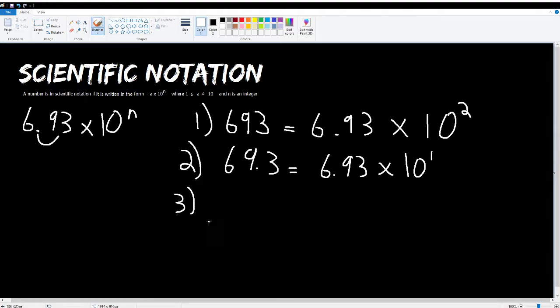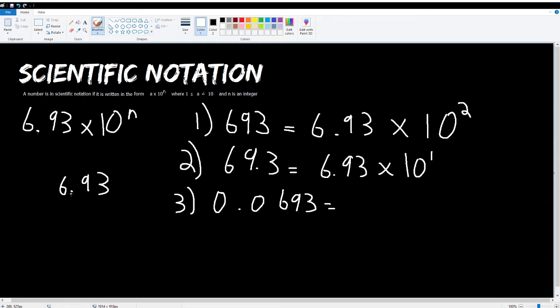Number 3, we have 0.0693. Okay. So once again, we need to ask ourselves, how many decimal places do I gotta move this to look like this? So we have 6.93.